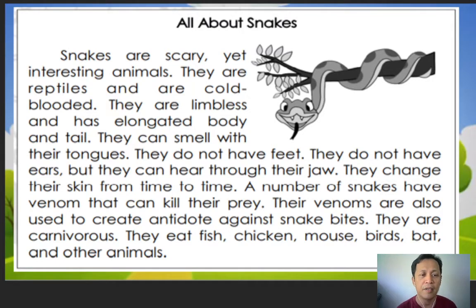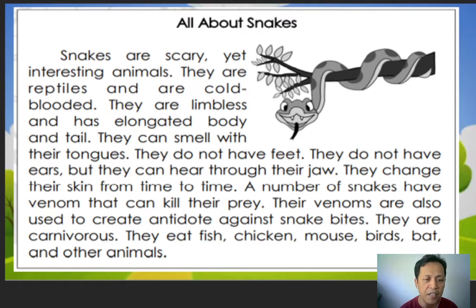All about snakes. Snakes are scary, yet interesting animals. They are reptiles and are cold-blooded. They are limbless and have an elongated body and tail. They can smell through their tongue. They do not have feet. They do not have ears, but they can hear through their jaw.